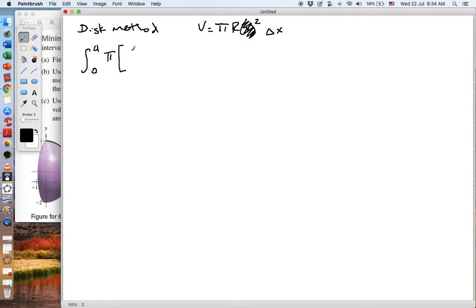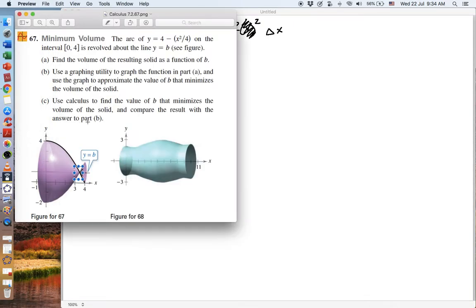And we're going to say that's the integral of, we've got our main curve here, which is 4 minus x squared over 4. And we're going to subtract from that the axis of revolution there. And so basically we are finding the volume above, and then because we're doing pi r squared, it'll rotate about that axis and create like an area on the end cap here if we were to take a cross section.